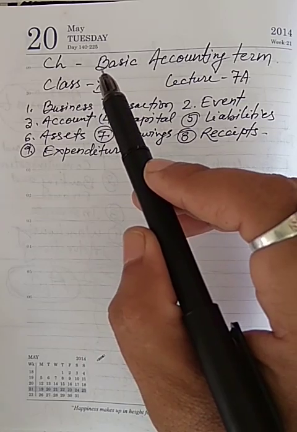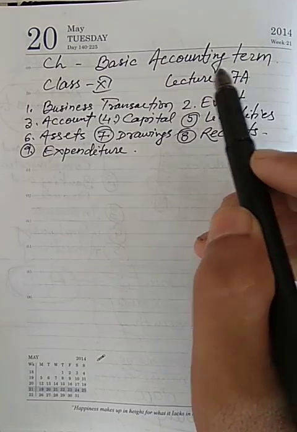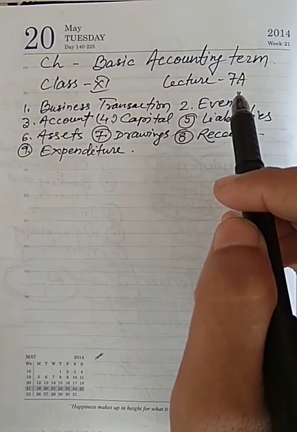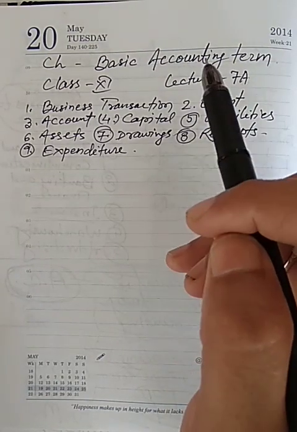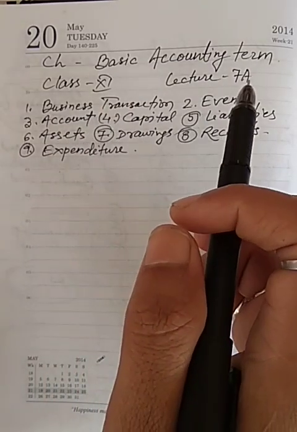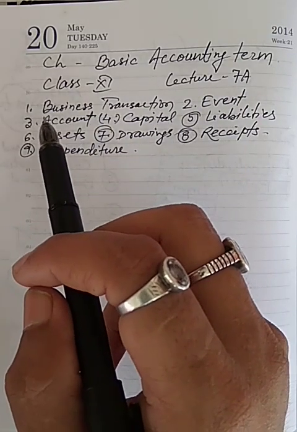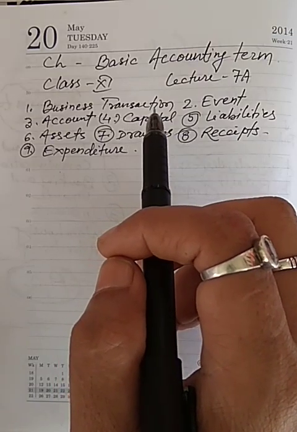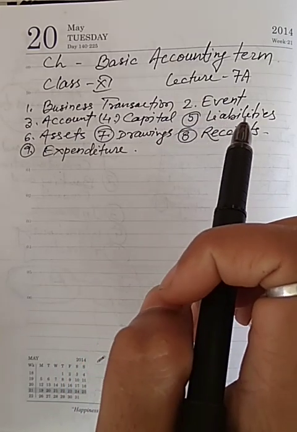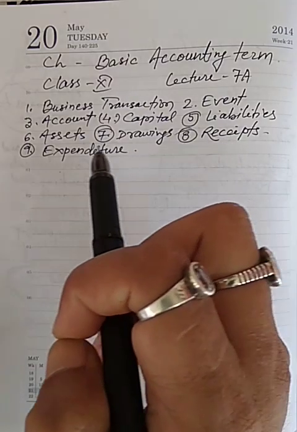I continue this chapter, Basic Accounting Terms for class 11th. This is my lecture number 7A. I have explained in my previous video, lecture number 6A: business transaction, event, account, capital, liabilities, assets, drawings, receipts, and expenditure.